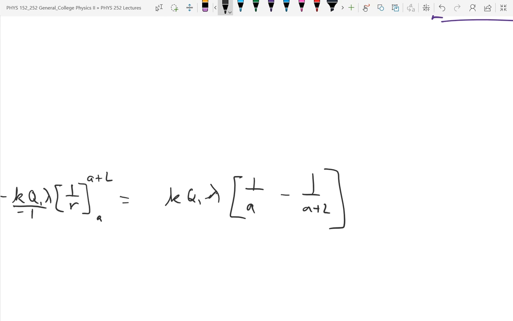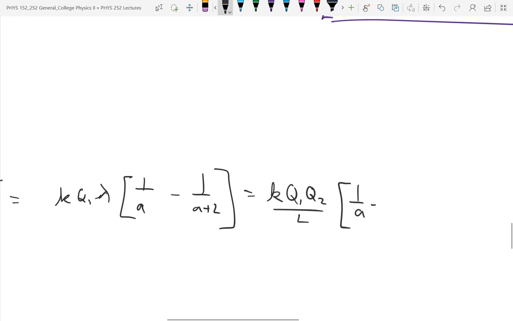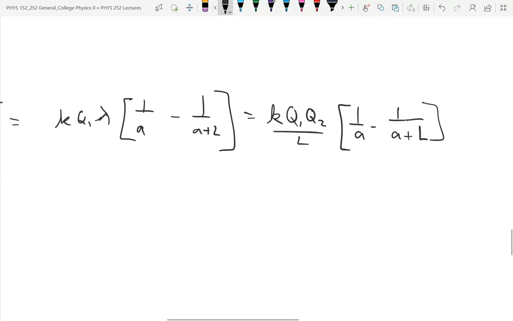Okay, so this is our answer. That's as far as you can go with it, except for the substitution k, q1, q2 over L. I guess you can give it a common denominator. You might consider that nicer.